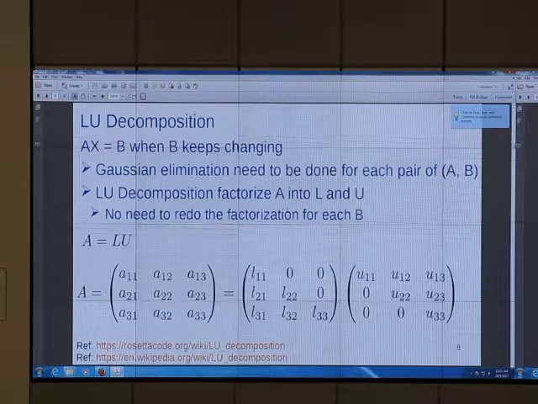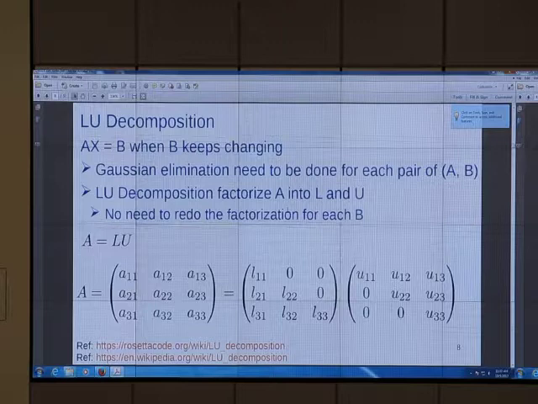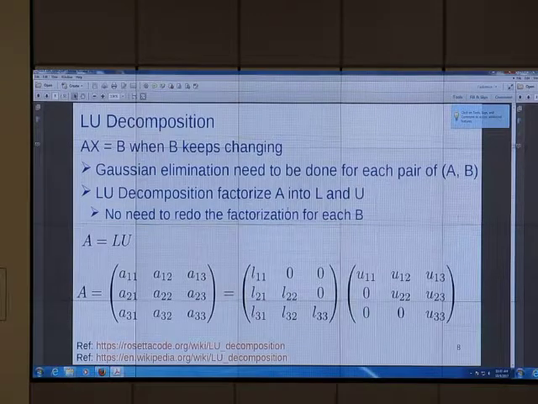The benefit of it, who remembers the benefit of it? Nan, do you still remember the benefit of using LU decomposition? LU decomposition has some more benefit compared to Gaussian elimination, even though they are both very similar. George, what's the benefit of using LU decomposition? It saves memory?